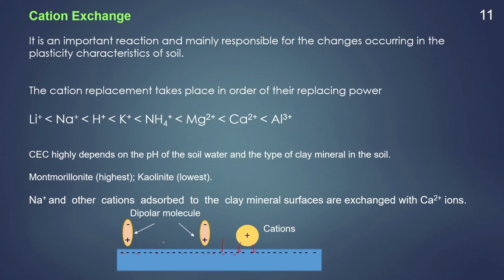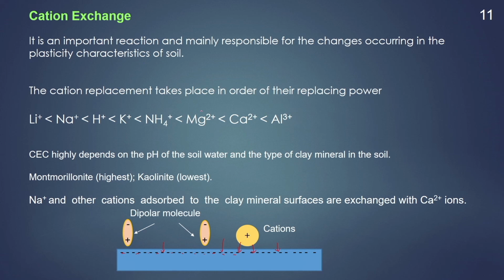Thereby the diffuse double layer of the soil will get reduced and particles will get flocculated together. As the diffuse double layer gets reduced, the repulsion between the particles will decrease, the particles will come closer and there will be a flocculation of the particles.